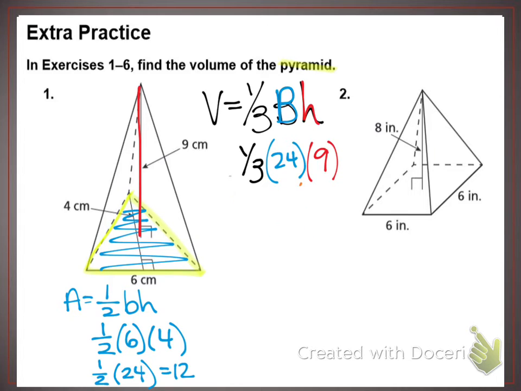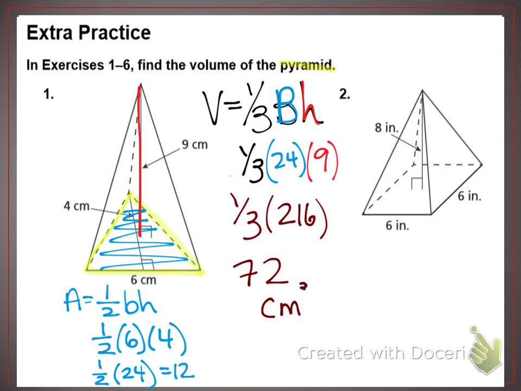If you don't like figuring out 1/3, to multiply by 1/3 is the same as dividing by 3. So what is 24 times 9? Just type it in. 216. And then to find 1/3 of it, you would divide it by 3, which is still 72. So there's a lot of ways that you can do this. And it is volume, so it is centimeters cubed.